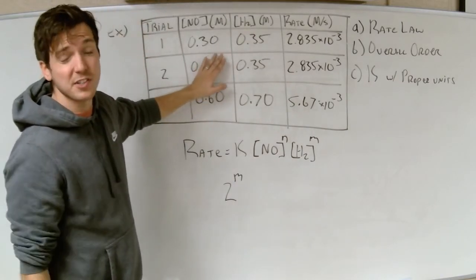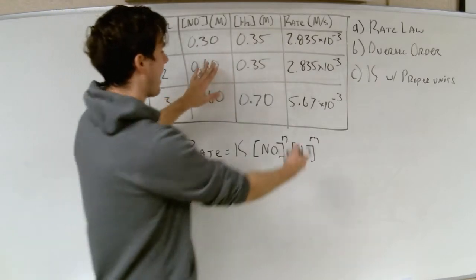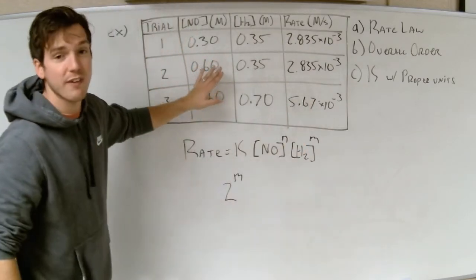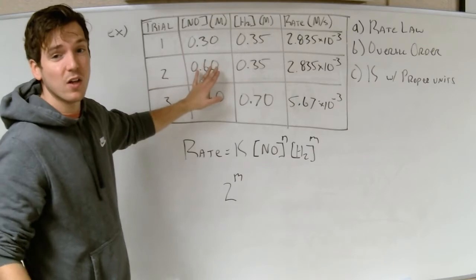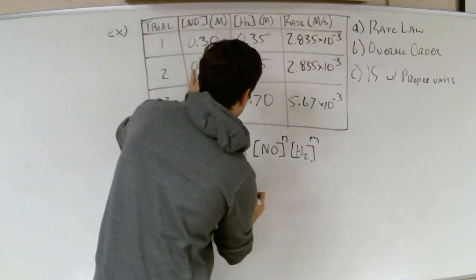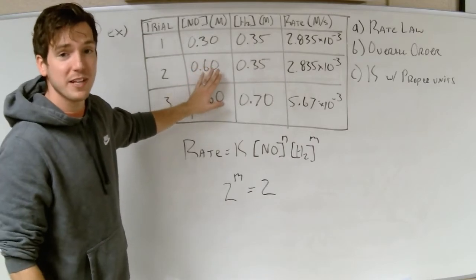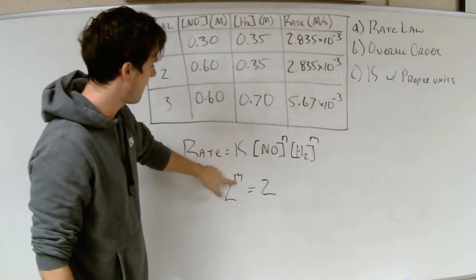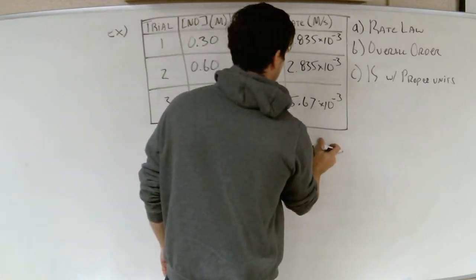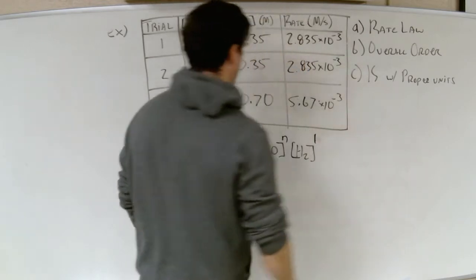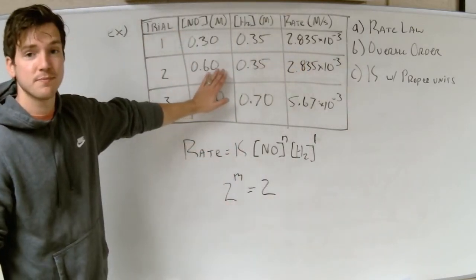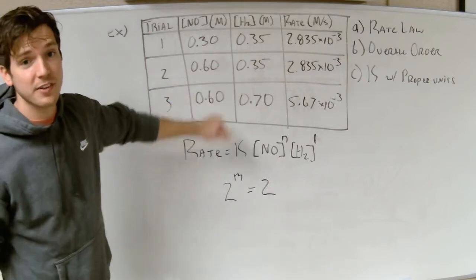You could plug that into your calculator and divide 5.67 by 2.835 if you wanted. But I can tell that it just effectively doubled as well. So when we double the concentration of H2, the rate doubles. So this is a first order reaction with respect to H2. Okay? Now we've got to figure out NO.